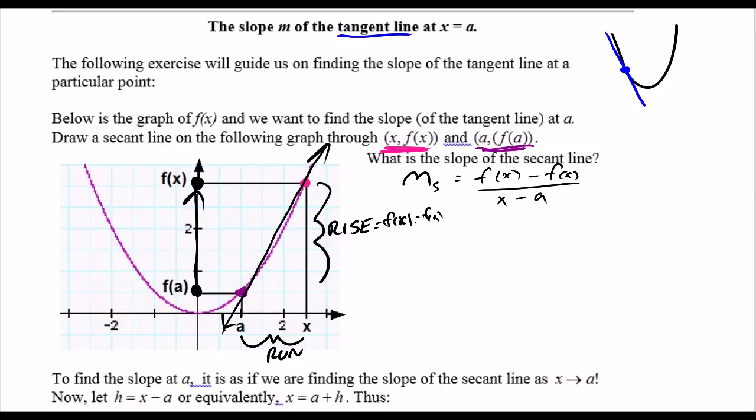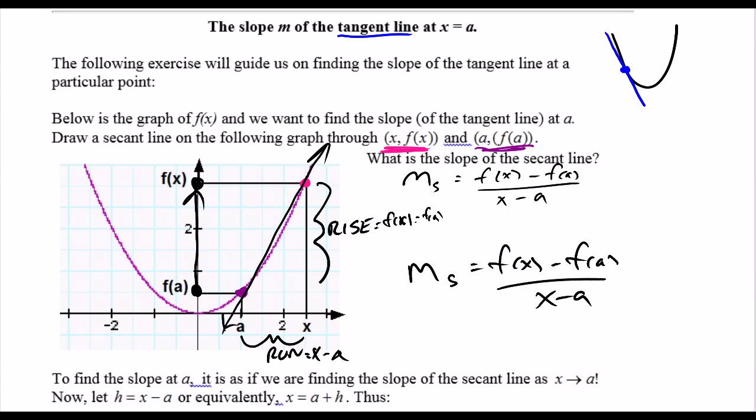Well, it's the same way. It's going to be x minus a. The distance between these two is going to be x minus a. So the slope of our secant line is going to be f of x minus f of a all over x minus a. We found our secant line slope.